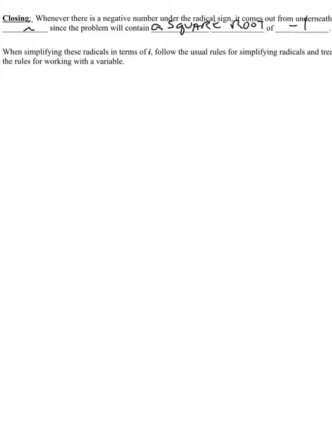And that's all you have to do. The big thing is that I is equal to the square root of -1. Okay? When simplifying these radicals, in terms of I, follow the usual rules for simplifying radicals. Treat them as you're going along. Working with a variable, kind of like the I is a variable. Just like the square roots, you can only combine square roots with square roots. You can only combine I's with I's, all that good stuff. And you're off and running.